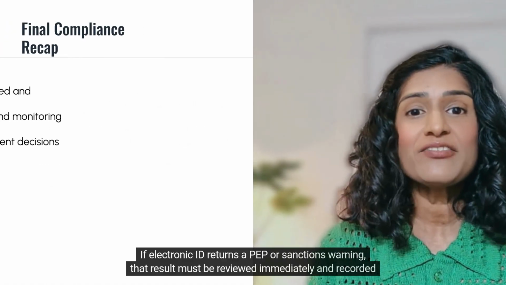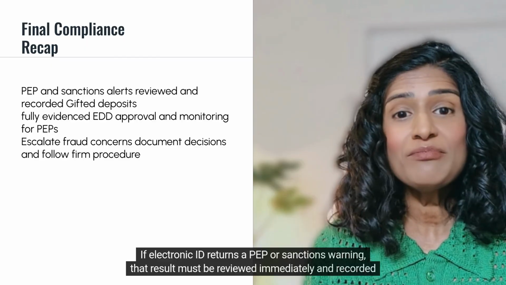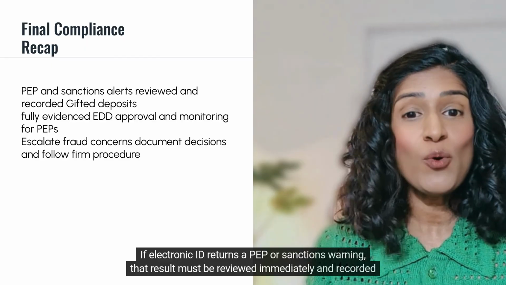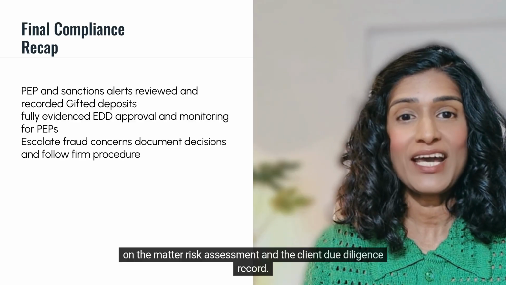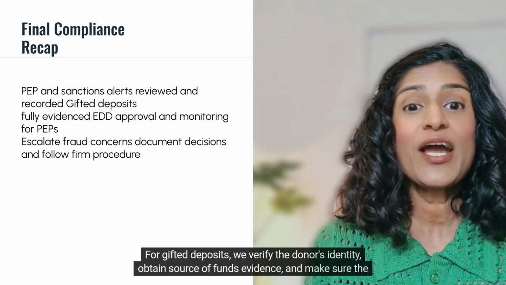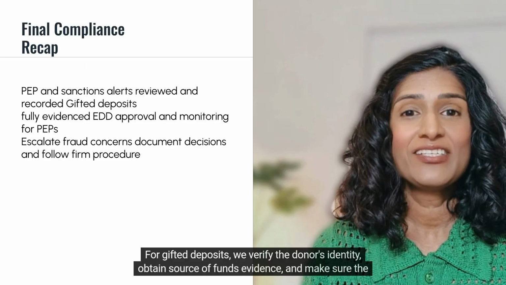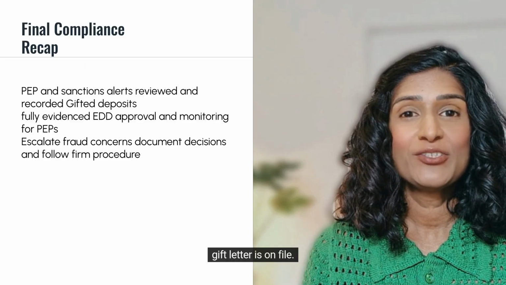If electronic ID returns a PEP or sanctions warning, that result must be reviewed immediately and recorded on the matter risk assessment and the client due diligence record. For gifted deposits, we verify the donor's identity, obtain source of funds evidence, and make sure the gift letter is on file.